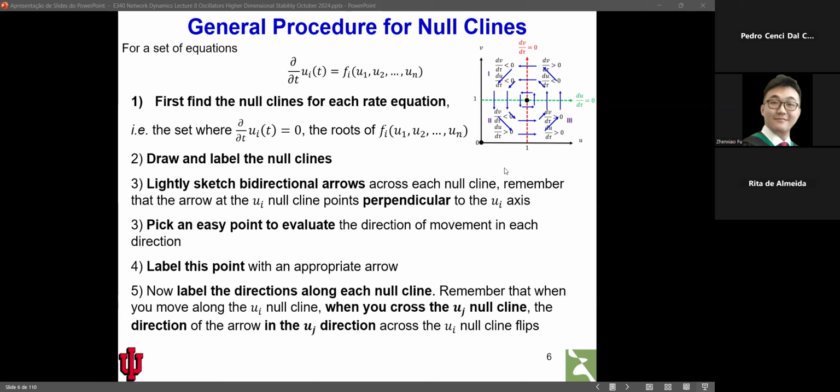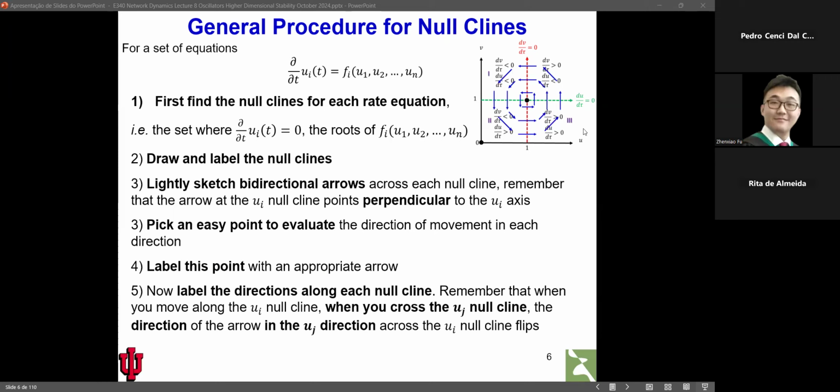And what we do to begin with is to look at a fixed point, and then to draw in the plot the lines where du/dt is equal to 0, or dv/dt is equal to 0. So you have two different lines here.